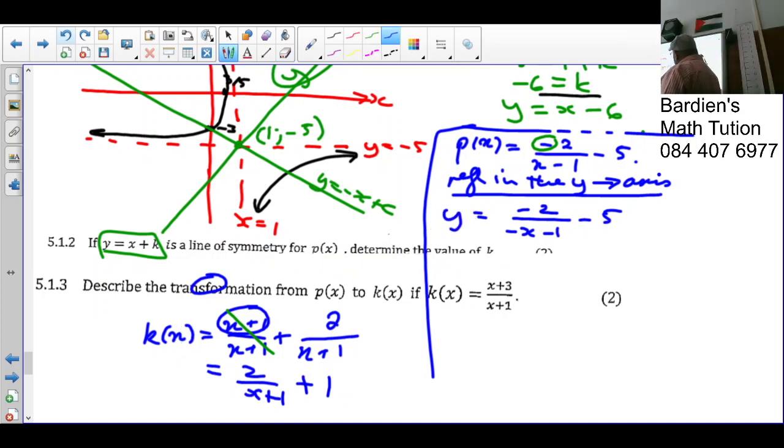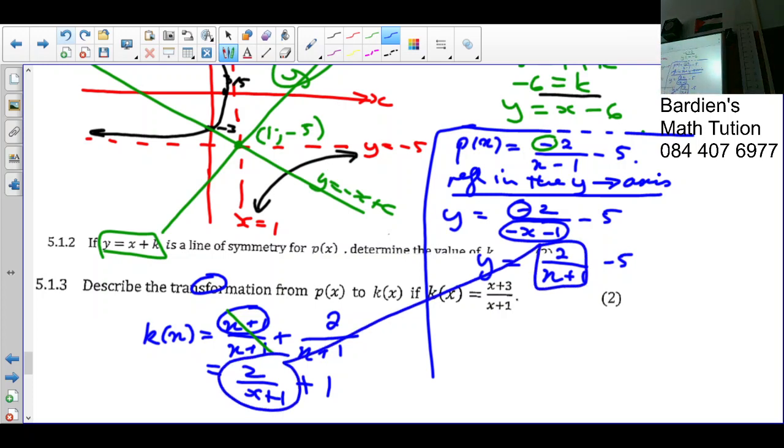If I take out negative as a common factor and divide by that negative, we'll have y equal to 2 over x plus 1, minus 5. You see now this fraction is exactly the same as this fraction. Did you see that?